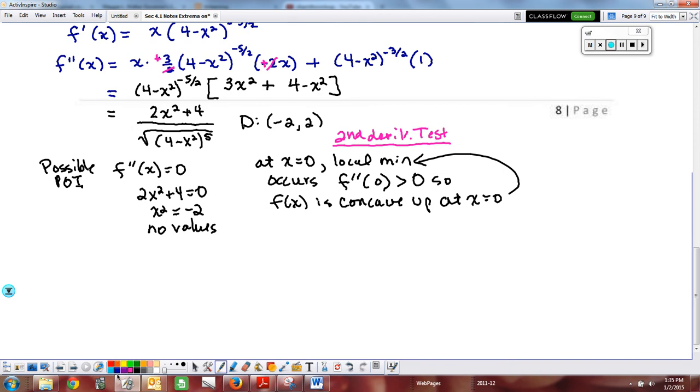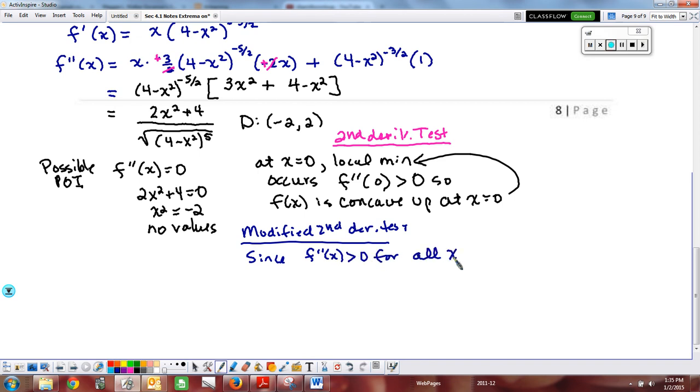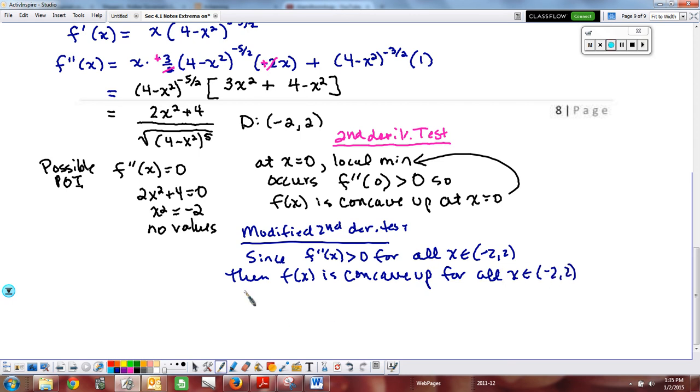The modified second derivative test, again previewing all these things that are going to come, is looking at the entire domain. Since f prime of x is greater than 0 for all x in -2 to 2, then f of x is concave up for all x in the interval -2 to 2.